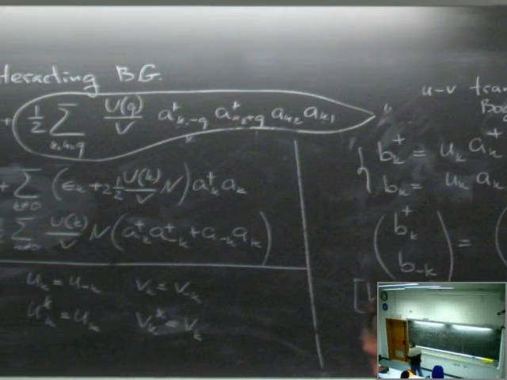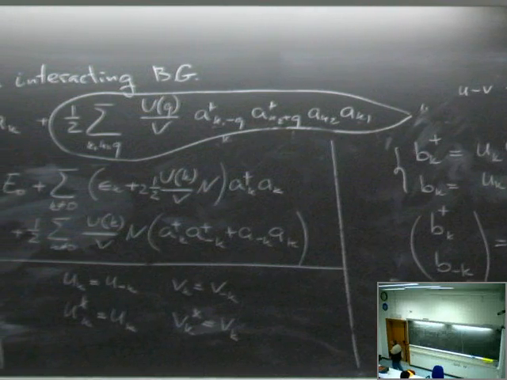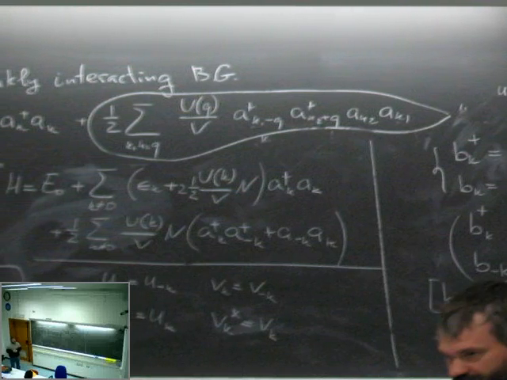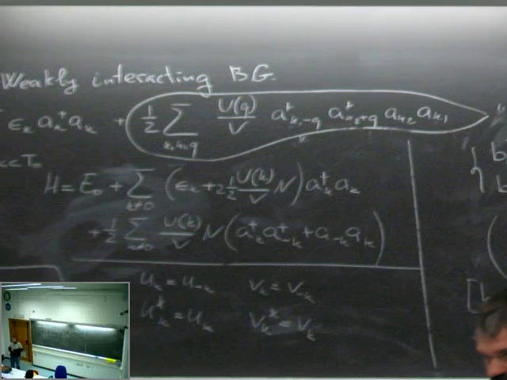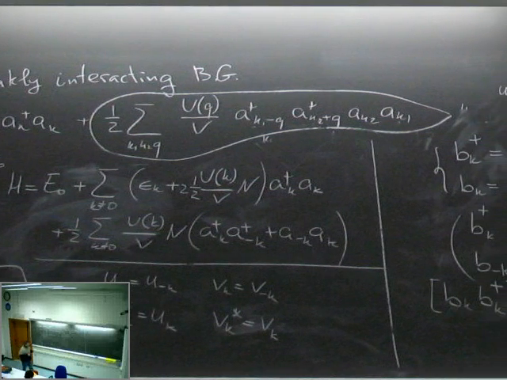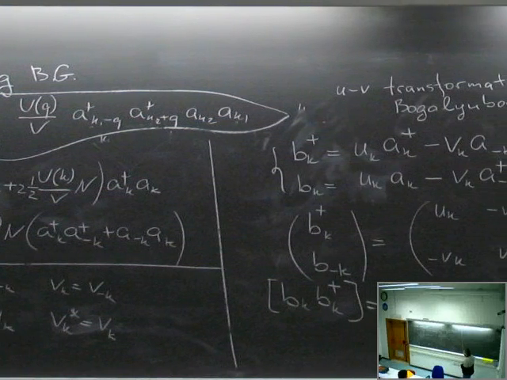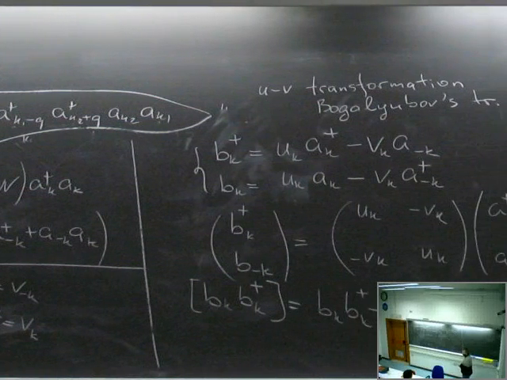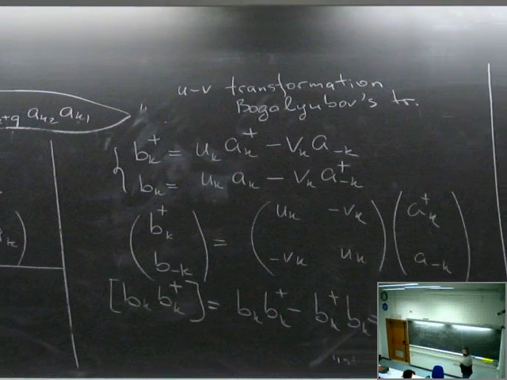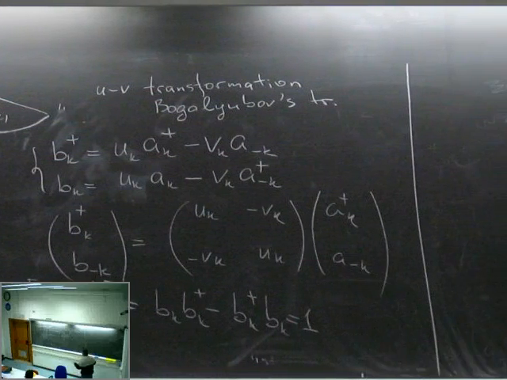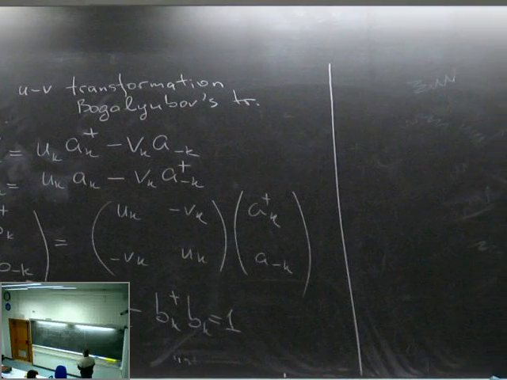The lectures start next week, and Professor Yevtushenko will tell you how to diagonalize a fermionic Hamiltonian with the same kind of transformation. So we learn first the bosonic part, then the fermionic part, and then Holstein-Primakoff. So you see that it has a lot of applicability.